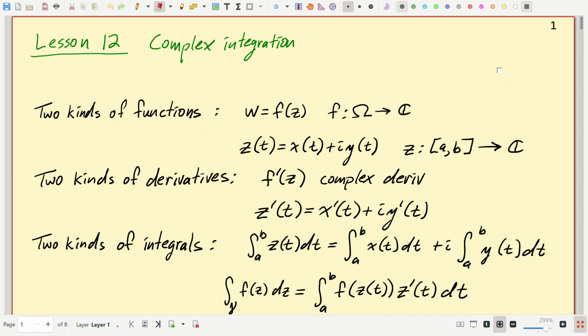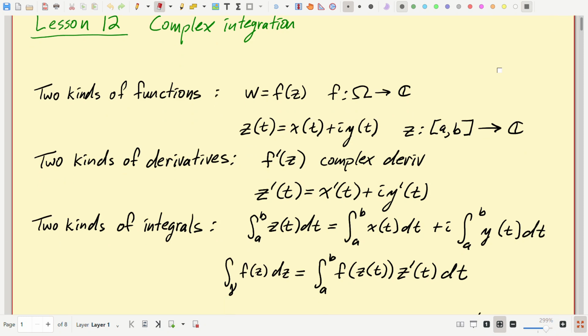I define these in terms of limits of Riemann sums. They make good sense. The simplest one is the integral of z of t dt between a and b. It's just the real integral of the real part plus i times the real integral of the imaginary part. You see that just by splitting the Riemann sums into real and imaginary parts.